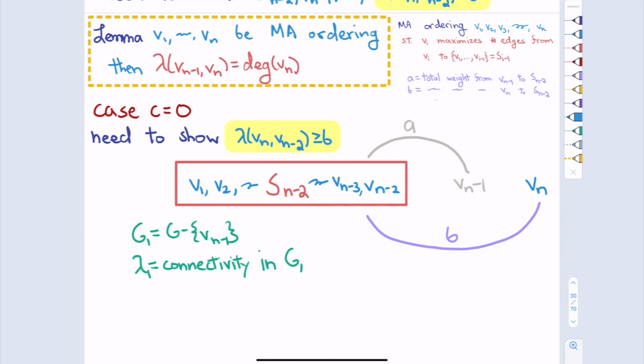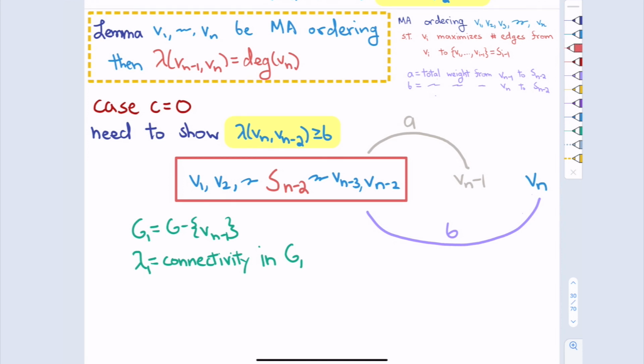So again, I still have an ordering in the graph obtained by deleting the second to last vertex this time.